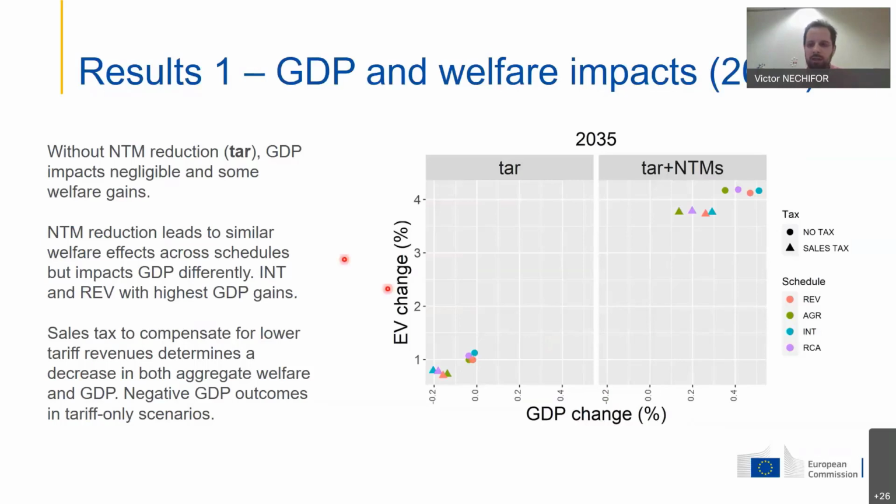There's a visible impact of the addition of the NTMs. The GDP impacts go in the region of 0.4%, and then welfare gains increase to 4%. And here we start seeing some slight differences between the liberalization schedules, and we have the best GDP outcomes for the schedule which favors intermediate good trade.